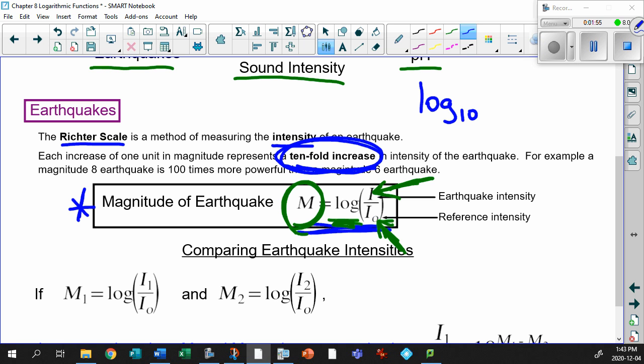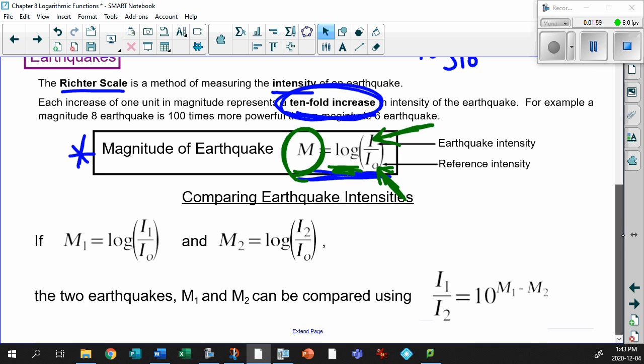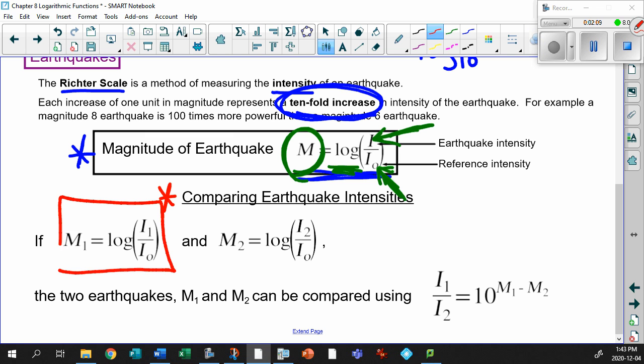So how do we go about doing questions with this? Really simple. The best thing to do is compare earthquake intensities. You take one earthquake that happened in some country, compare it to another earthquake, and tell me how many times stronger this one is than the other one.